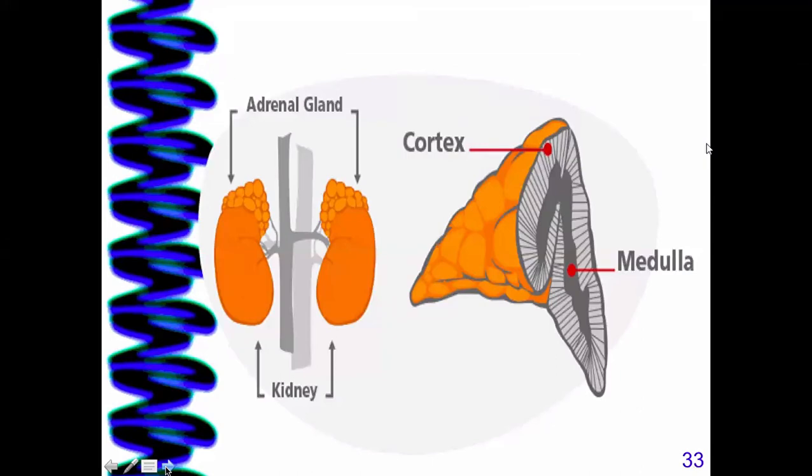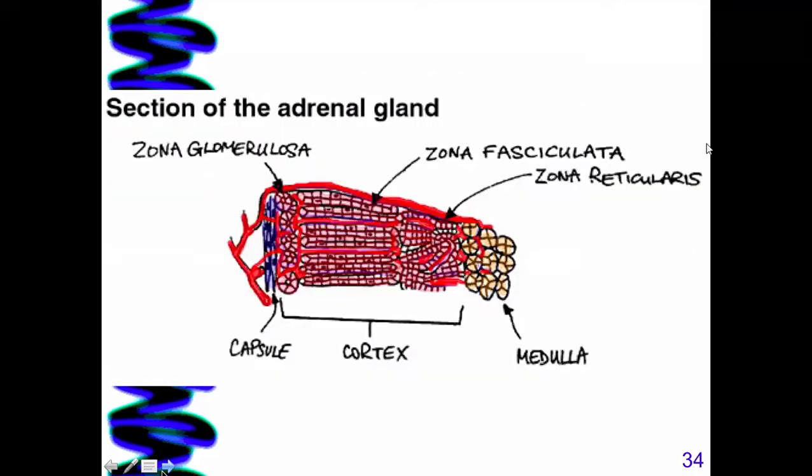So adrenal gland is a part of the kidney. So they are also known as the suprarenal gland. Supra because they're above. No, they are above the kidney. Suprarenal gland. Histologically, the adrenal gland is divided into cortex and medulla. Okay? So, there are three zones of adrenal gland. GFR.